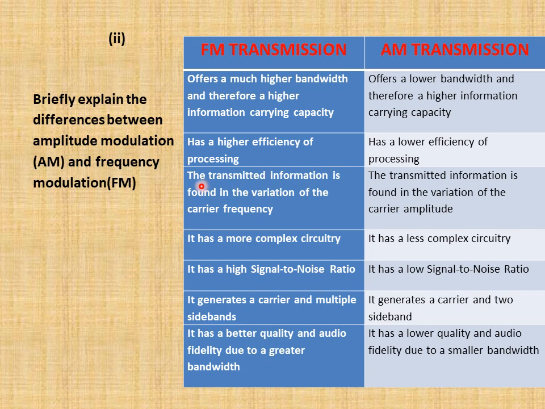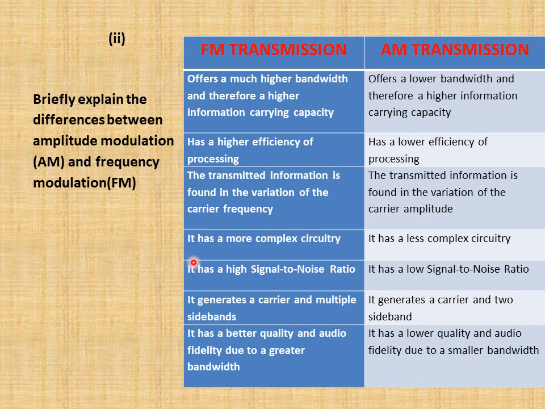In frequency modulation, the transmitted information is found in the variation of the carrier frequency, whereas the transmitted information is found in the variation of the carrier amplitude for amplitude modulation.